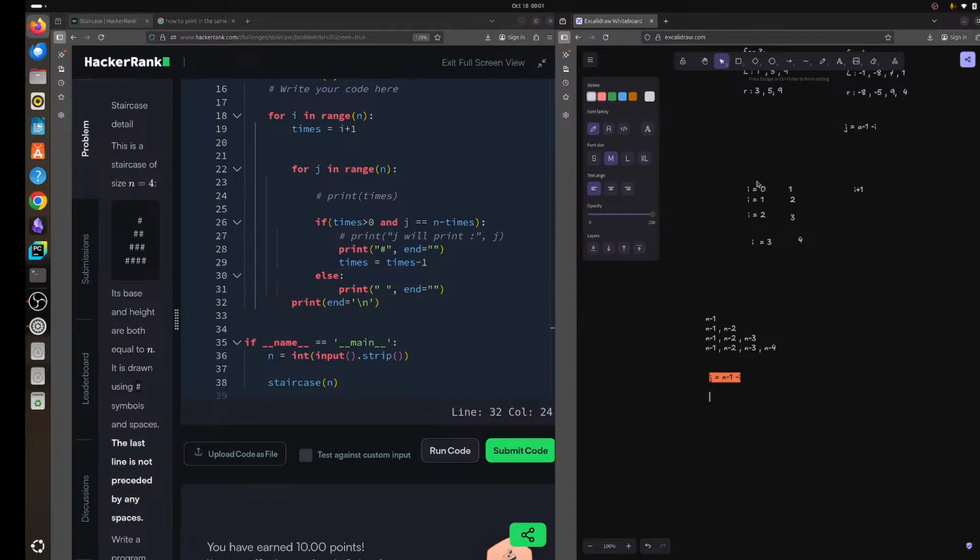Then we find the locations it is printing: n minus 1 the first time, n minus 1 and n minus 2 the second time. The additional part is print end, as we learned: if we write end equals double quotes, it will print everything in the same line.